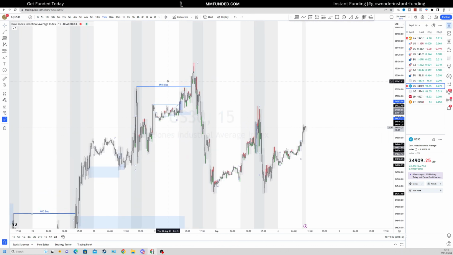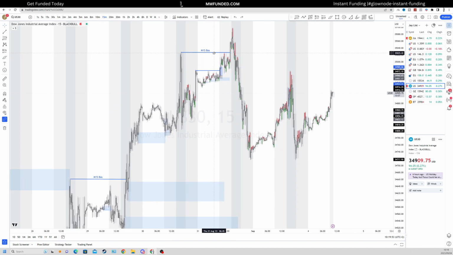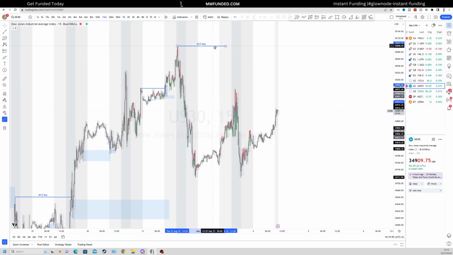So in that scenario, expectation is just to continue targeting the interim weak highs until we had the internal shift to the downside. So this was the low after the pullback that then created the next break of structure to the upside and then broke that internal low to the downside. So this then can become our official M15 weak high.